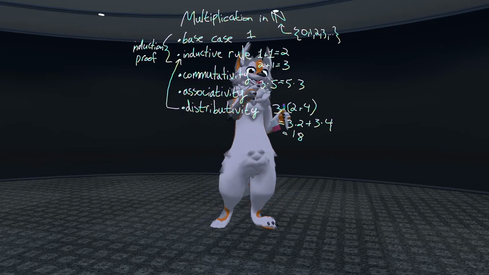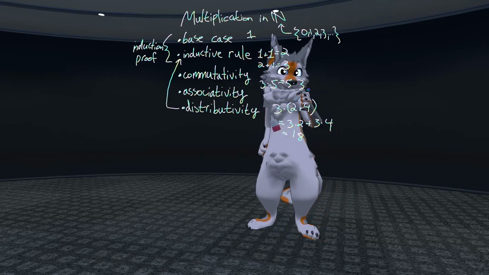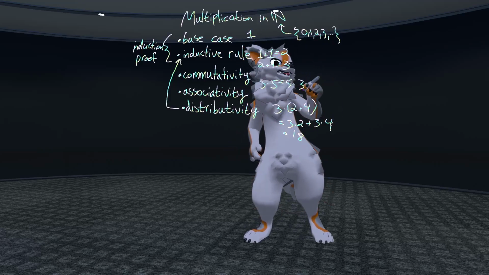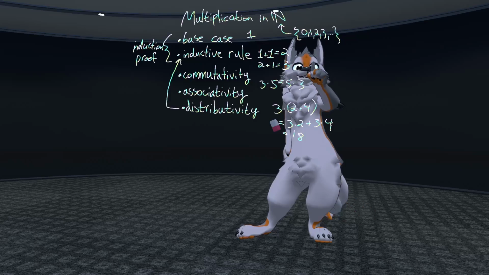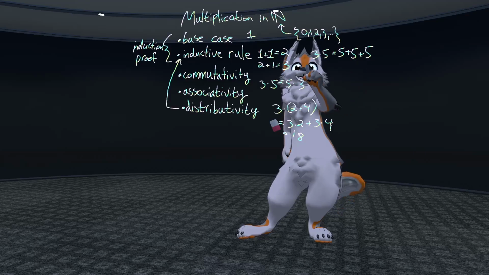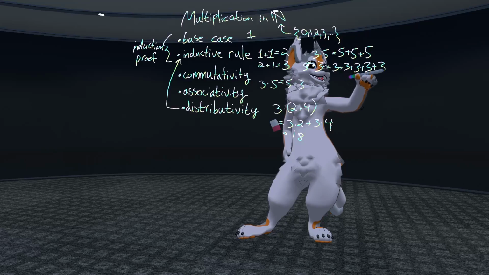But if we interpret multiplication, and this is a completely reasonable way to interpret this, we could interpret 3 times 5 as 5 plus 5 plus 5, while we could interpret 5 times 3 as 3 plus 3 plus 3 plus 3 plus 3, 5 times.